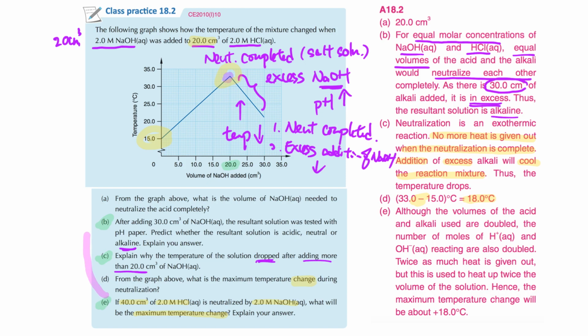We have 40 cm3, changed from 20 cm3. That means you have more HCl here. If you have more HCl, you should need more NaOH to neutralize it. However, both of them have the same molarity. So you anticipate you need much more volume of NaOH to neutralize it.